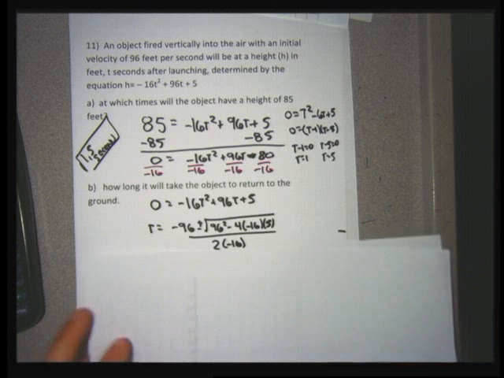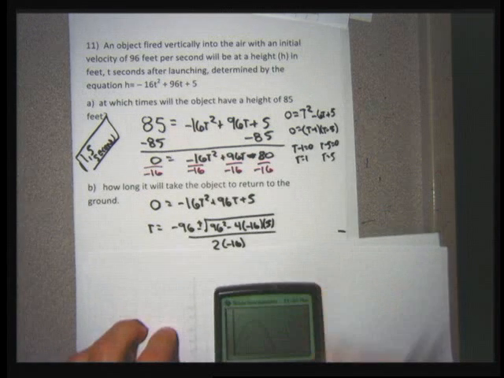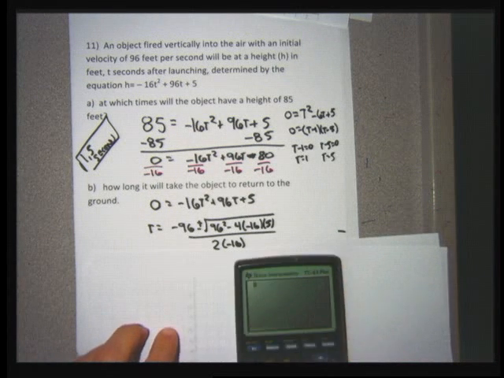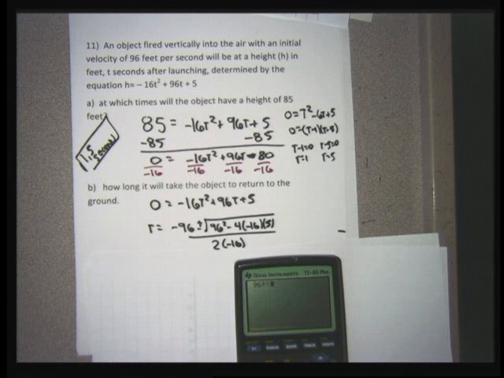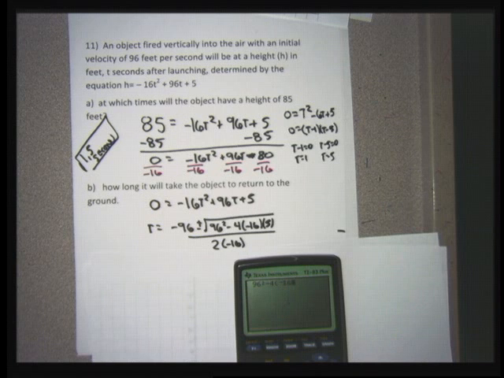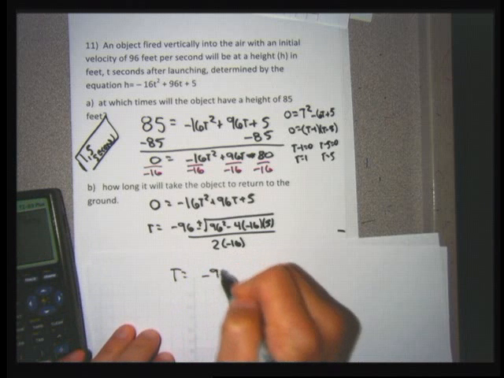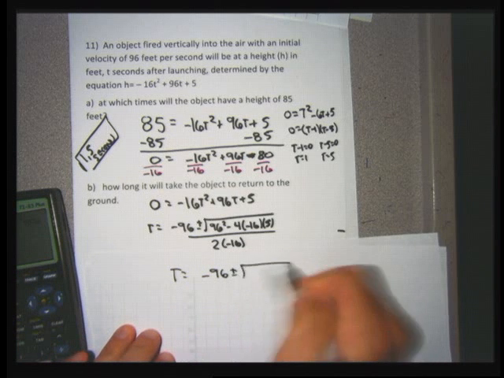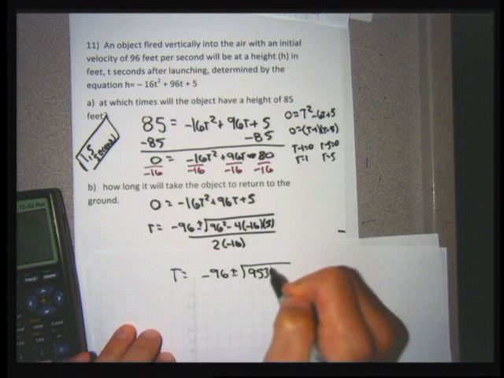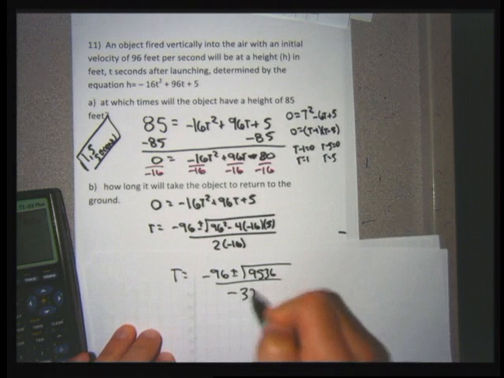When I do this, under the radical, I get 96 squared minus 4 times negative 16 times 5, which is 9536. So I get t equals negative 96 plus or minus the square root of 9536 over negative 32.